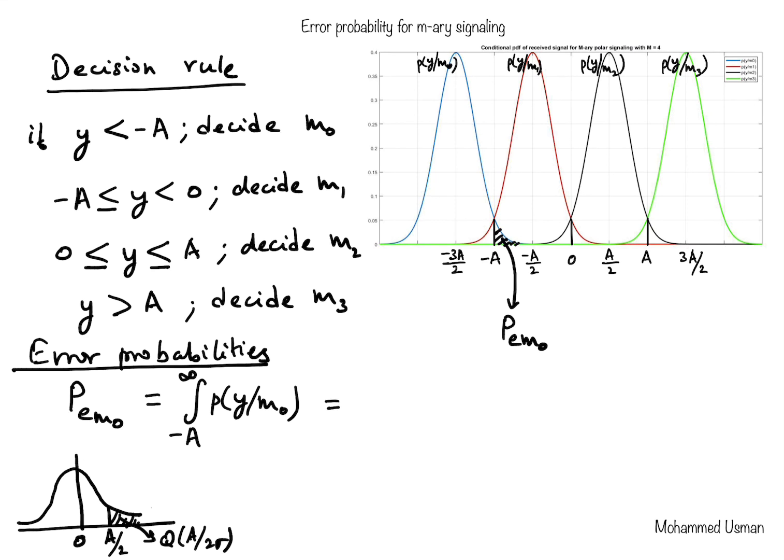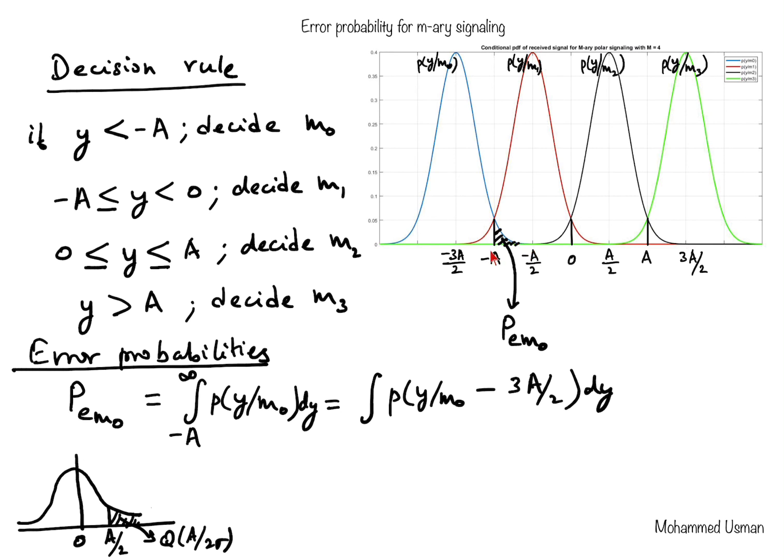So we can write that as the integral of P of Y given M0. We want to shift it to the right, so it's minus, and the amount of shift is 3A by 2, dy. The limit of integration, which is originally -A, will also get shifted by 3A by 2.